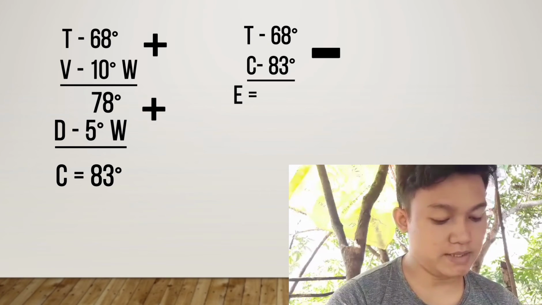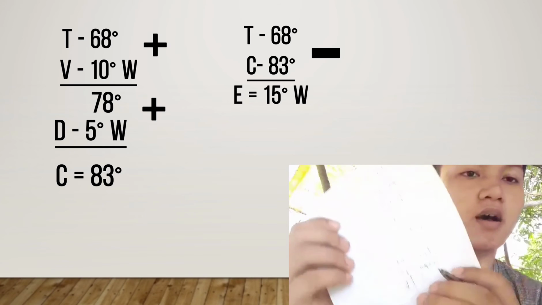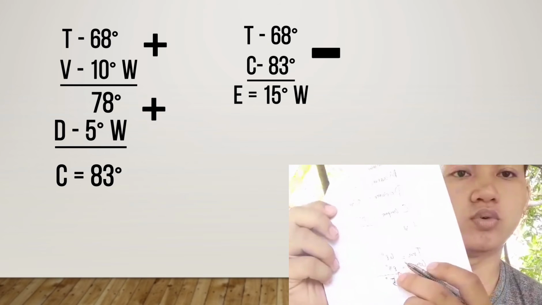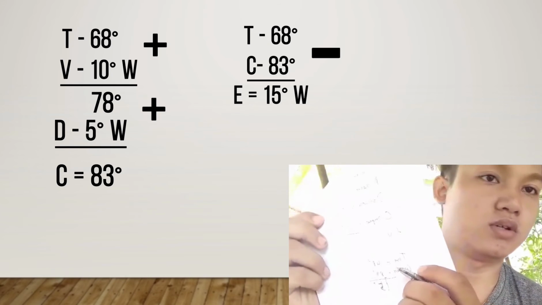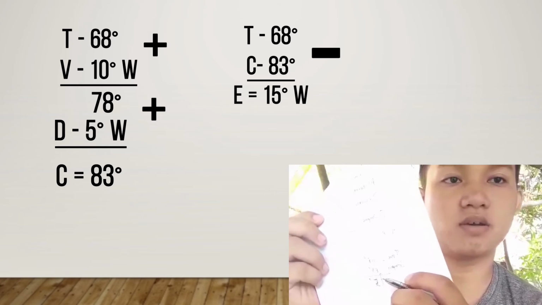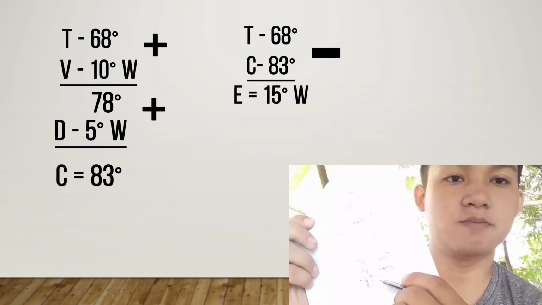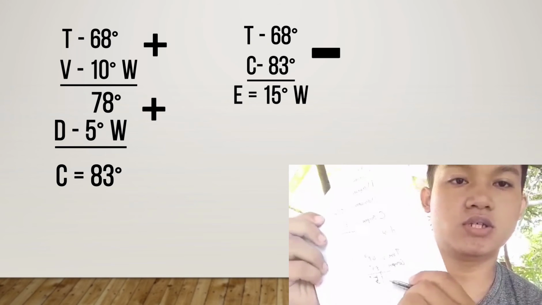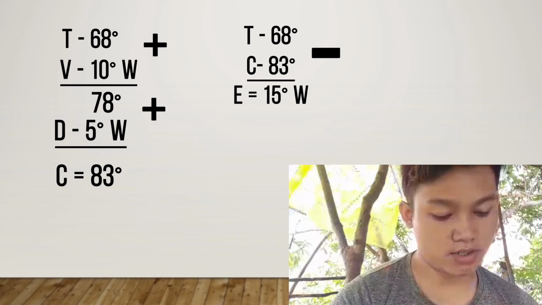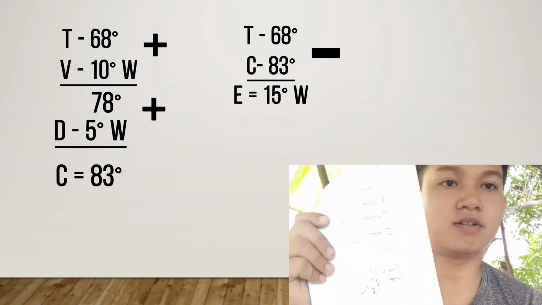So 15 degrees error. Since the compass is bigger than true, just like earlier I told you, compass best, error west, compass least, error east, this error is west, 15 degrees west. That's all. Thank you.